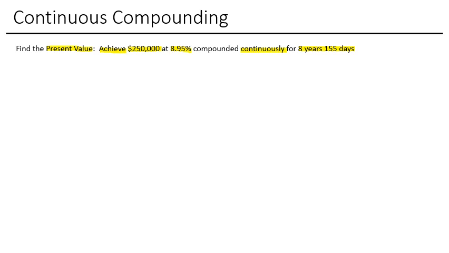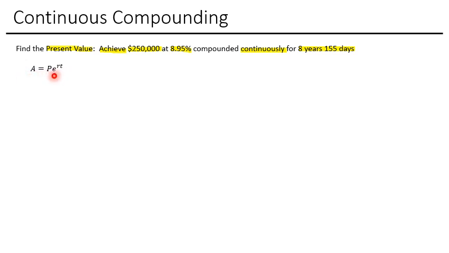First of all, when you are compounding continuously, and you're looking at this word continuously, there is a formula that uses the letter E. And anytime you see continuously, you want to use that formula. So this is the formula for continuous compounding, okay?